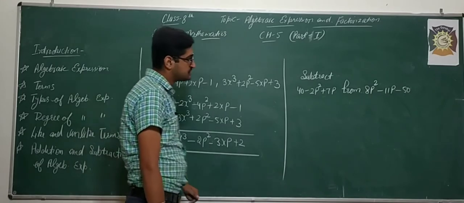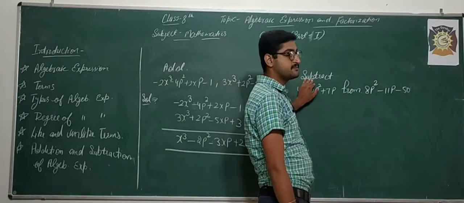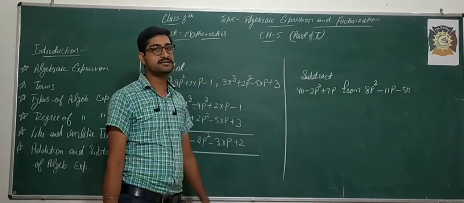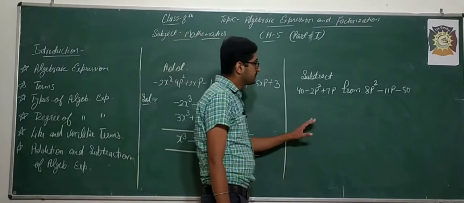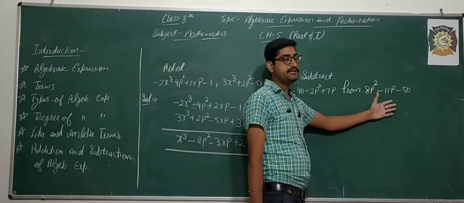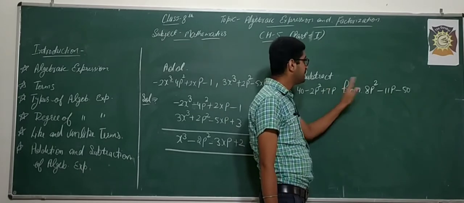Now the next question is related to the subtraction of algebraic expressions, that is, how we subtract algebraic expressions. The question is: subtract this from this. It means we have to subtract this value from this value.